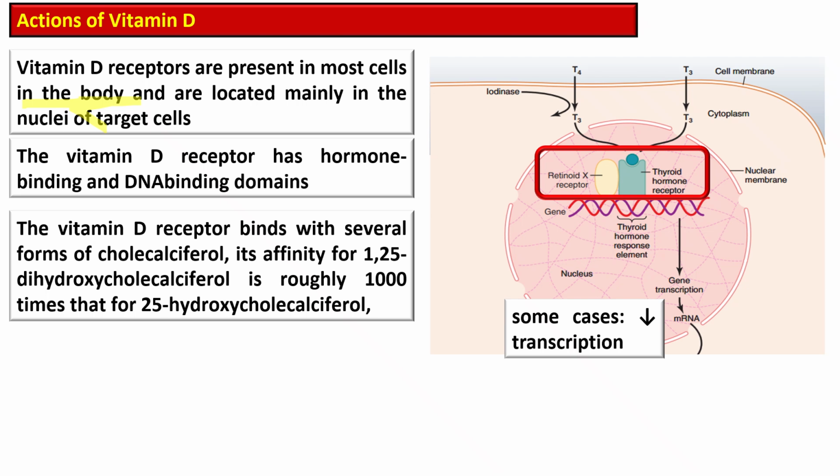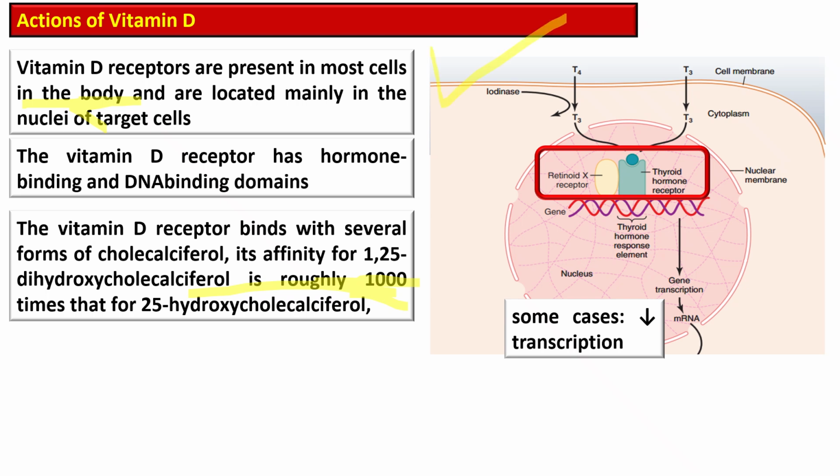This vitamin D receptor has 1000 times greater affinity for 1,25-dihydroxycholecalciferol, that is the active form of the vitamin D. This explains why 1,25-dihydroxycholecalciferol is the biologically potent form of vitamin D. So, what is the physiological importance of this?